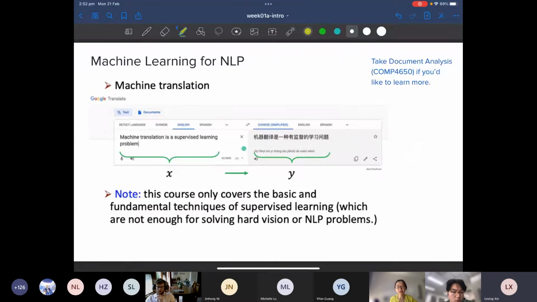Moving away from computer vision, because a lot of this class is from the MML CV program, I'm sure you have enough computer vision. What about natural language, right? Let's say a sentence: machine translation is a supervised learning problem.